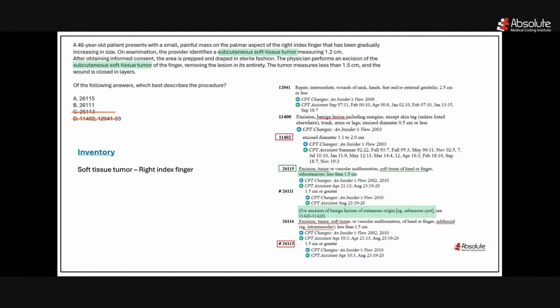It's of a subcutaneous level, and excised size is less than 1.5 centimeter, while 26111 is for excision of 1.5 centimeter or greater. And if you read the scenario carefully, you will see that the tumor measure was less than 1.5 centimeter, and that makes option B incorrect, and the correct answer is going to be option A. So fantastic job everyone, you all did a good job in this.